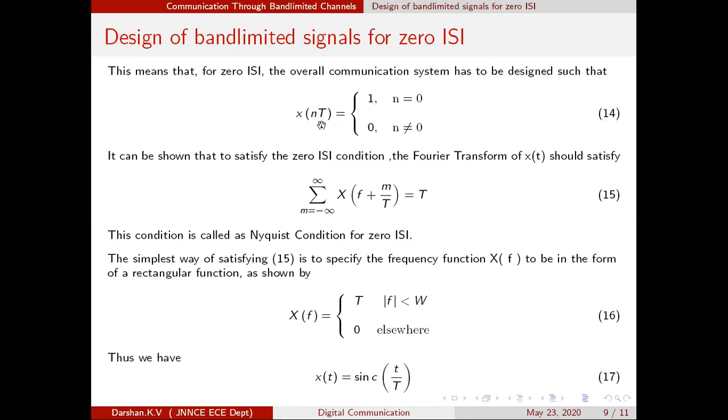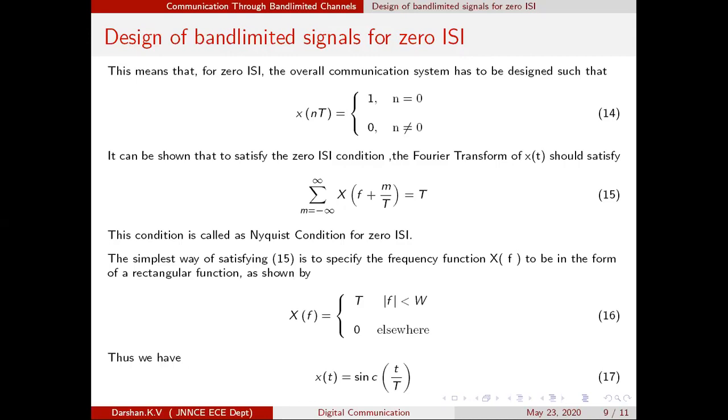That is being represented over here. So n equal to 0 means x of 0, the 0th sample. What is the value? It is 1. At all other samples, n not equal to 0, what is the value of x? That is 0.